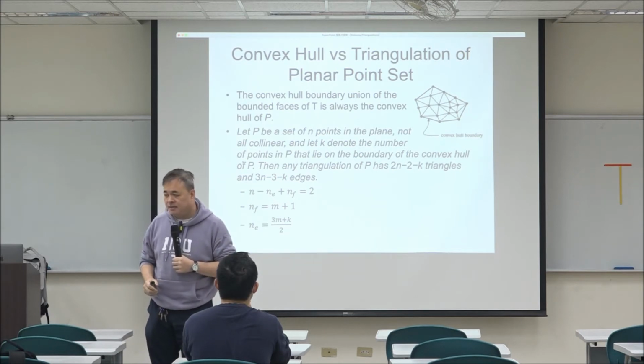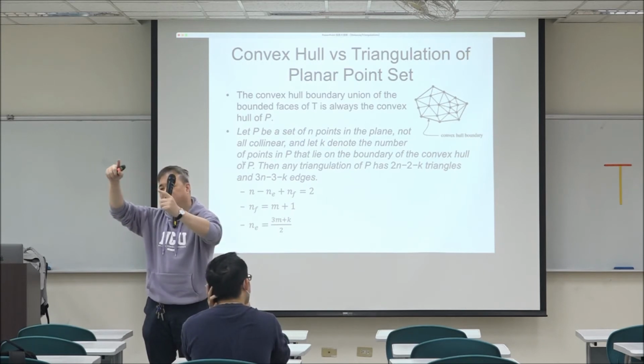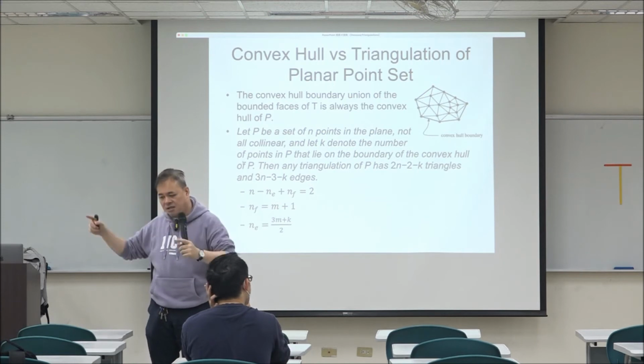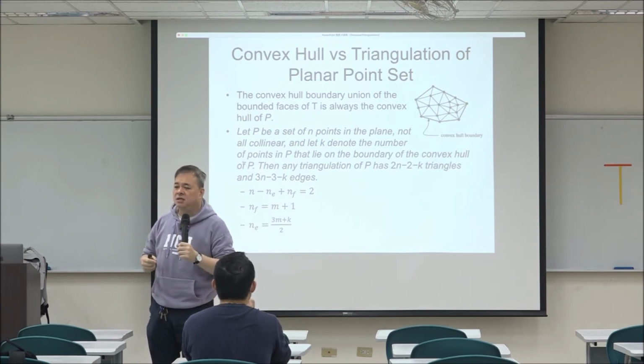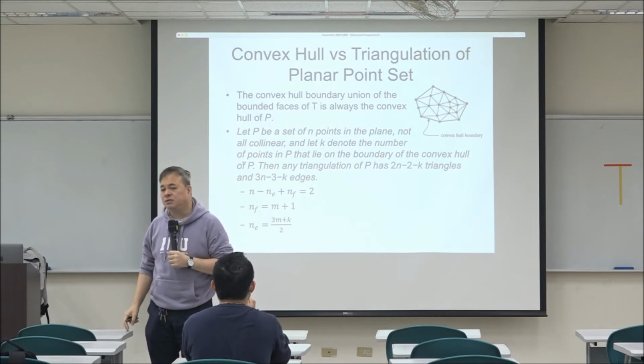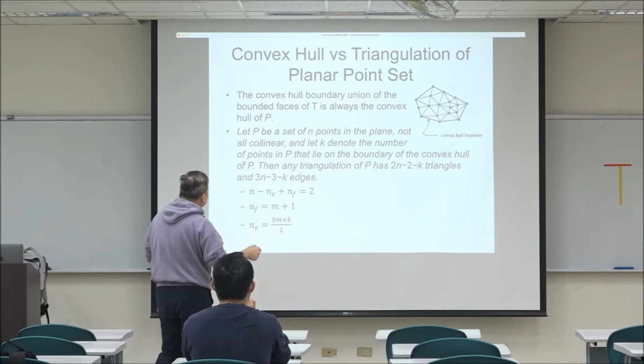When you draw it, the outside of all these points is the convex hull, which happens to be the union of all these triangulations.